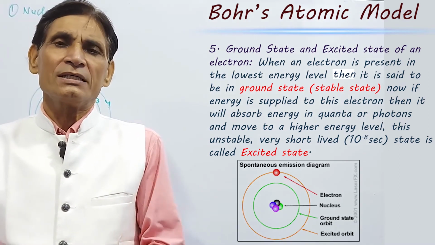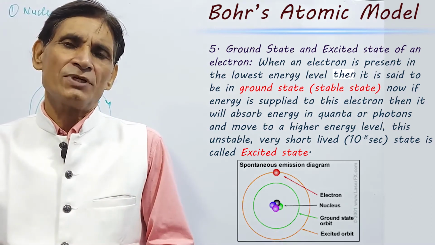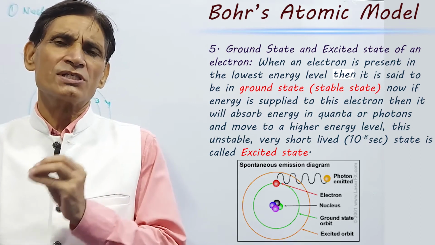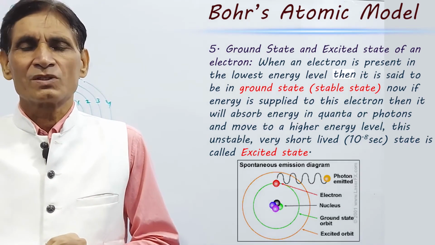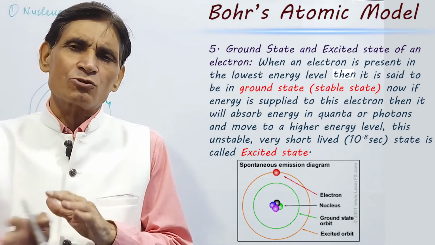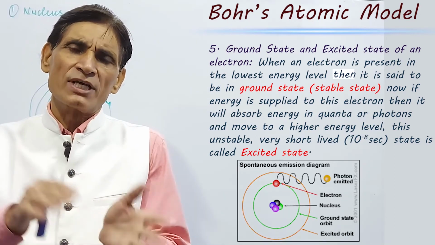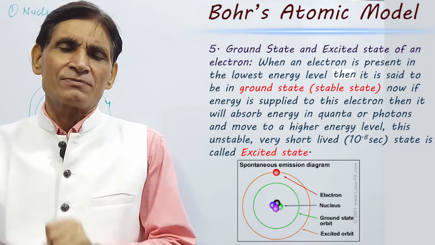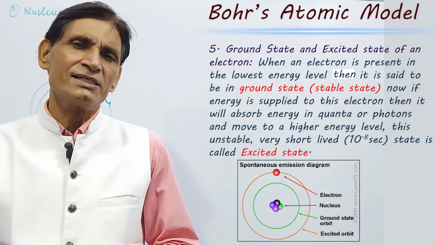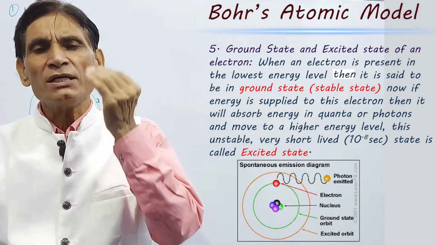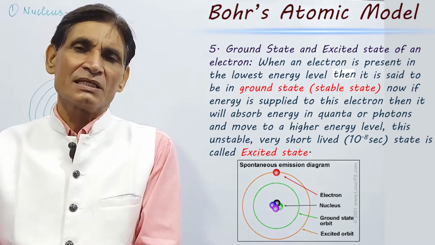It is called the ground state of electron, or the atom is in ground state. This is the most stable state. When some energy is supplied to the electron, to the atom from outside, then electron absorbs energy in the form of radiation and moves to the higher energy level.